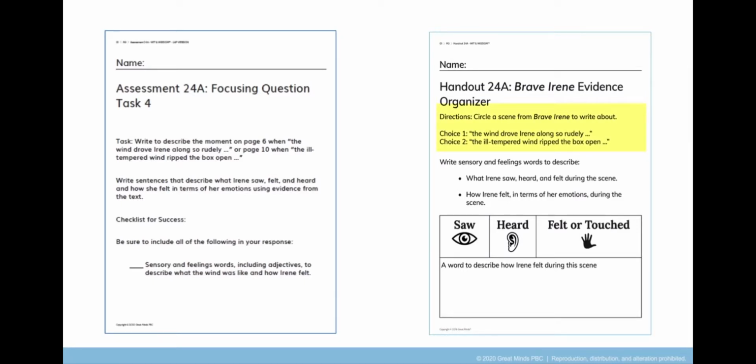So you should have either circled choice 1, the wind drove Irene along so rudely, or choice 2, the ill-tempered wind ripped the box open. And remember, if you didn't have the handout, you should have written one of those choices in your journal. Okay, the next part. Write sensory and feelings words to describe what Irene saw, heard, and felt during the scene, and how Irene felt in terms of her emotions during the scene.